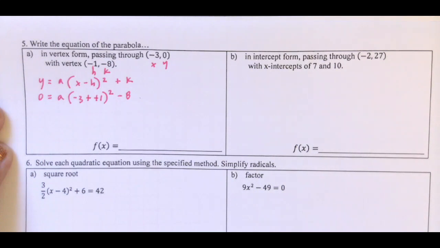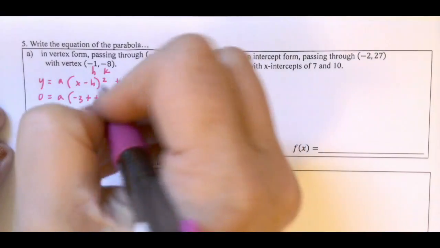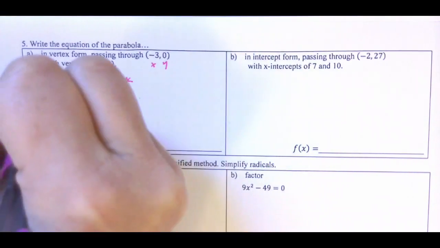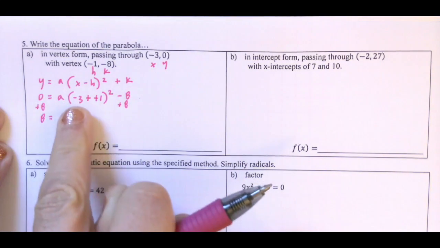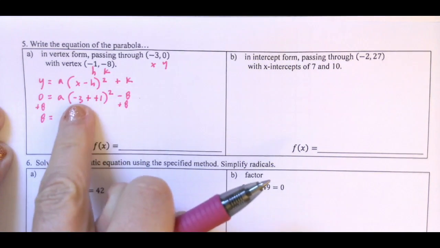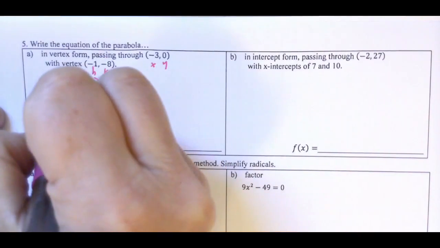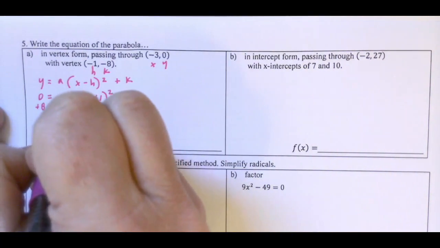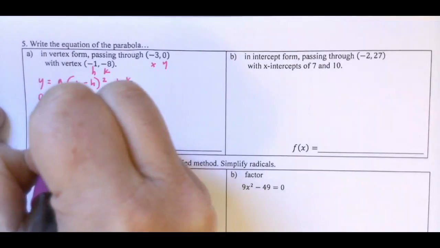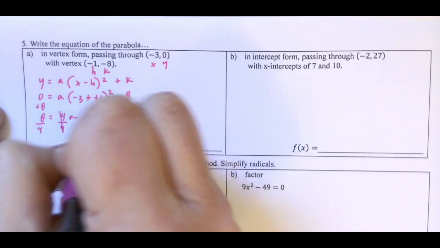Again, I'm trying to solve for the a. So I may just add the 8 to the other side. 8 equals -3 plus 1, so -2 as a quantity squared will be 4a. Divide away that 4, and the a value is 2.